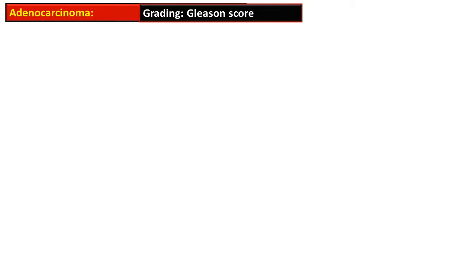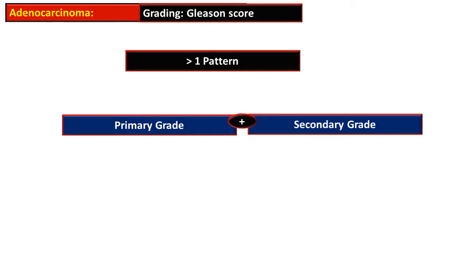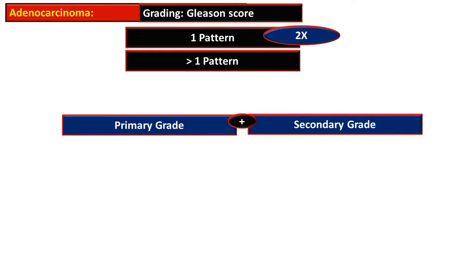Most tumors of the prostate exhibit more than one morphology. So a primary grade is assigned to one morphology and a secondary grade is assigned to another morphology. Both of these Gleason grades are then summed together, and this is termed the Gleason score. This Gleason score is an important prognostic indicator. When there is only one pattern in the whole specimen, it is multiplied by 2 and the Gleason score is achieved.